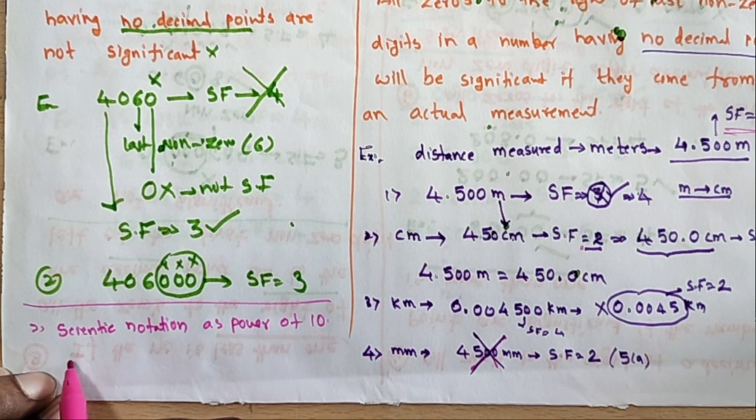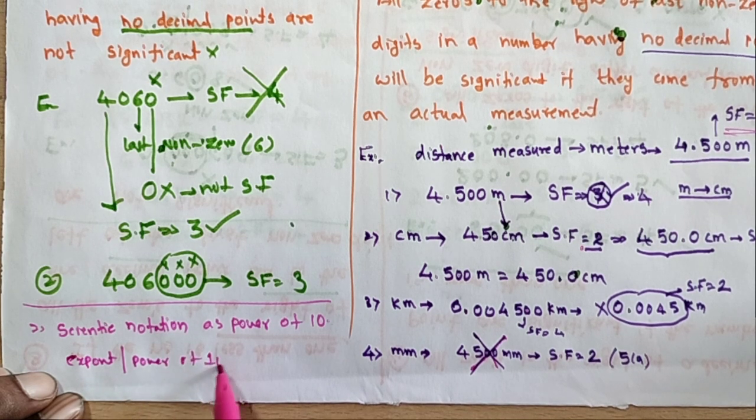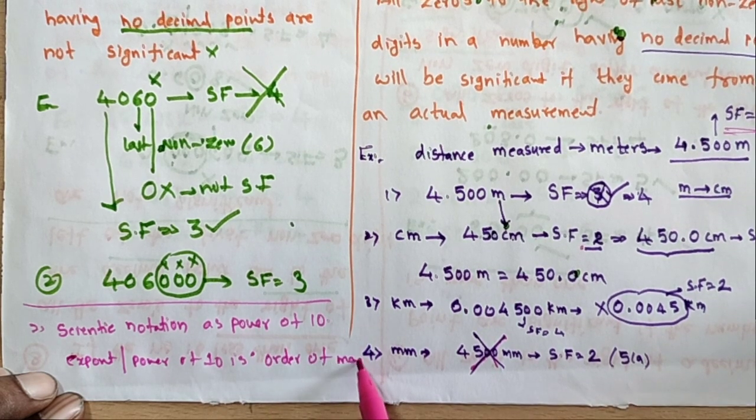This exponent, or power of 10, is called the order of magnitude.